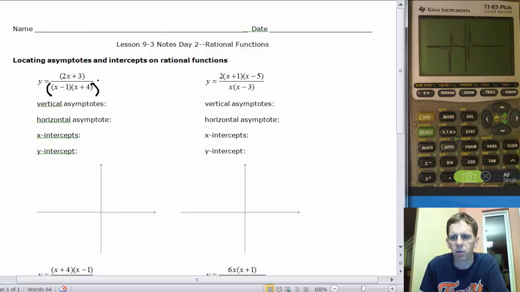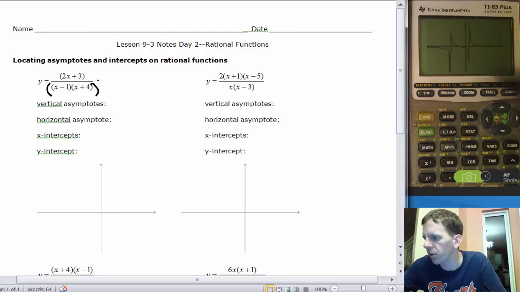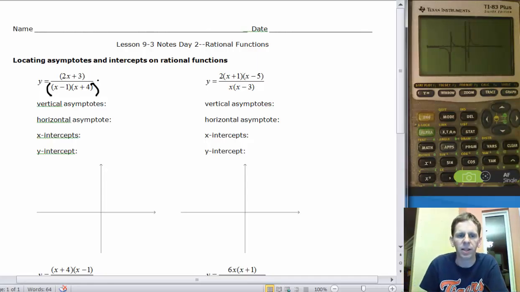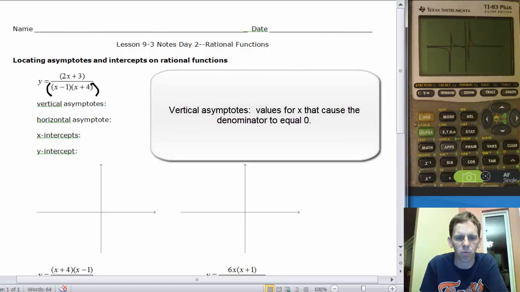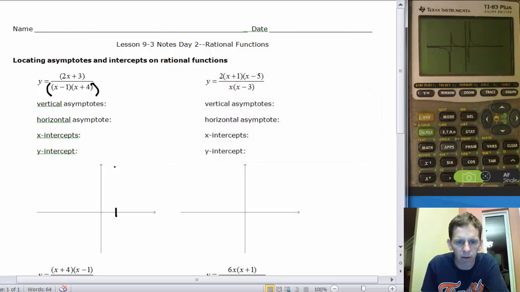You may recall from a few days ago that the asymptotes of this graph appear to be where these blips appear on my graph. They appear to be around -4 and +1. And that's true because at +1 and -4, you'll notice in our problem, +1 would cause our denominator to equal 0. You can't divide by 0, which means that there is no value on our graph at 1.